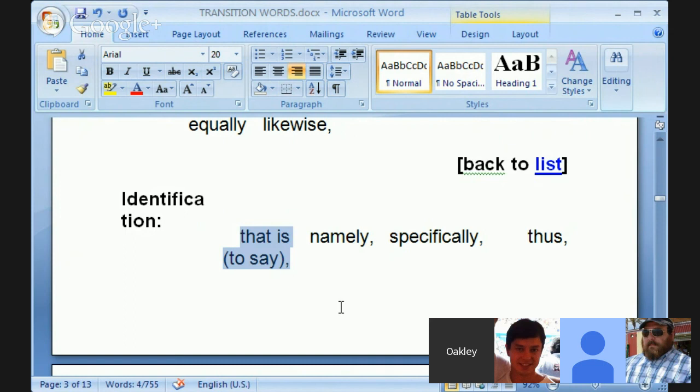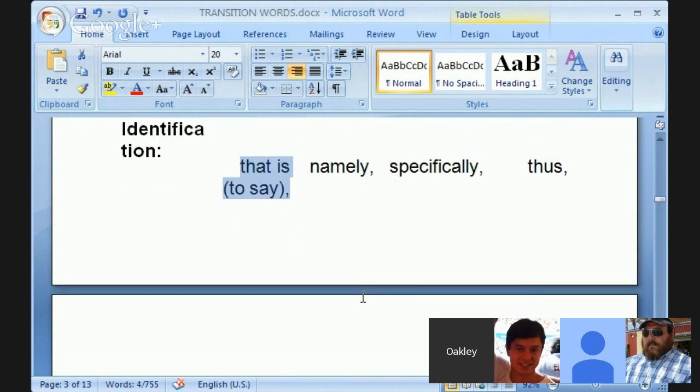When I'm actually giving the name, many people like to drink soft drinks, specifically Coca-Cola, Sprite. Okay. All right, so we're identifying specific information.